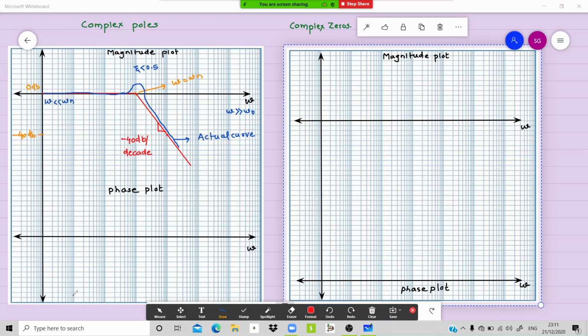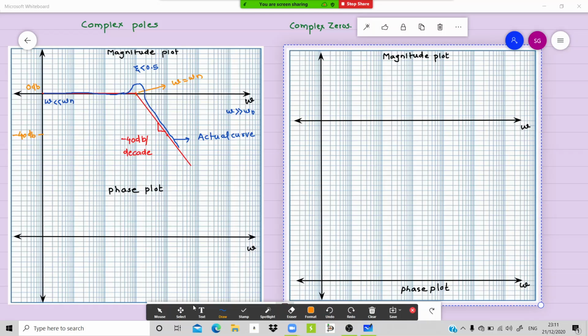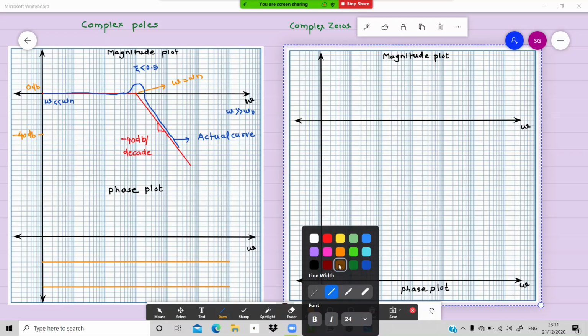Correct. Now if we are talking about the phase plot, we had seen that the angles that we got were 0, minus 90 and minus 180. So I'll draw those lines. Let us say 1, 2, 3, 4, 5. This is 90 and 1, 2, 3, 4, 5. This is 180. And I'll draw the curve with this.